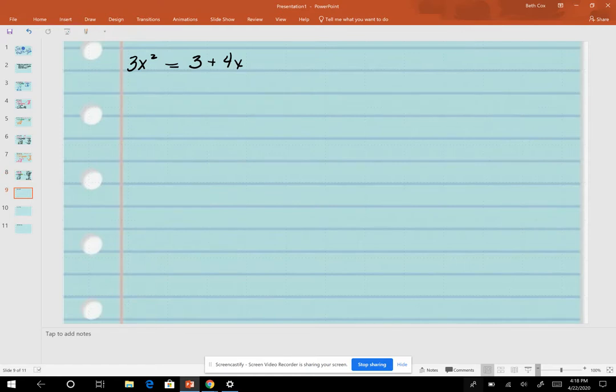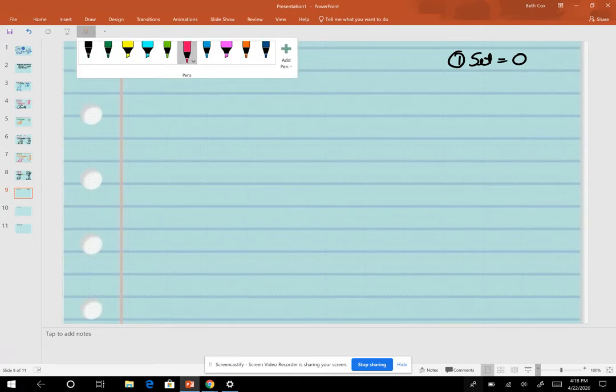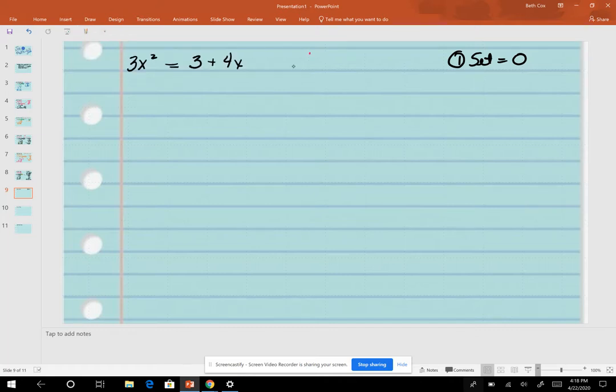Next problem we have 3x squared equals 3 plus 4x. Again, number one, set equal to 0. So I'm going to subtract the 4x on both sides and subtract the 3, and it's going to say equals 0.